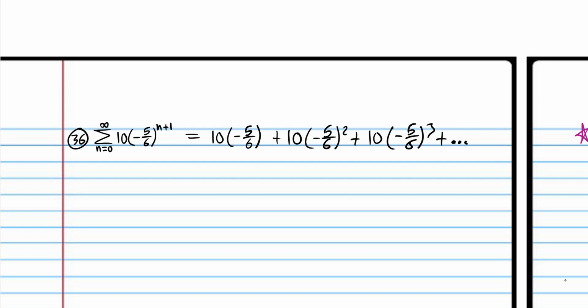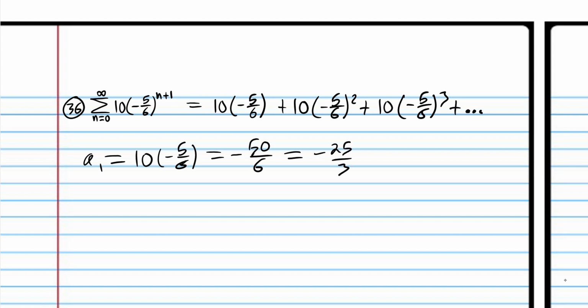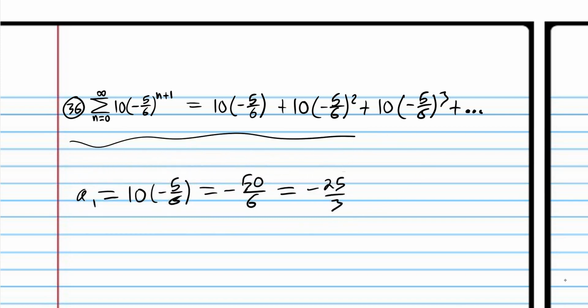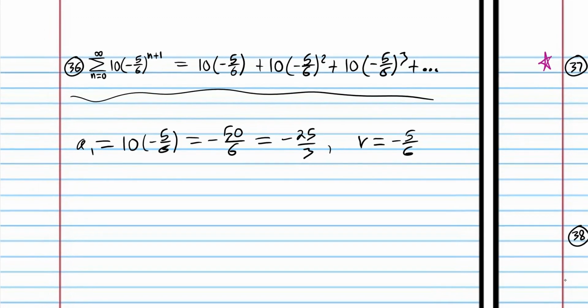It continues indefinitely. So a1, the first term, is 10 times -5/6, which is just -50/6, which is -25/3 if you want to simplify it. So we have the first term, and r, the common ratio, is obviously -5/6. Just multiplying by -5/6 each time.